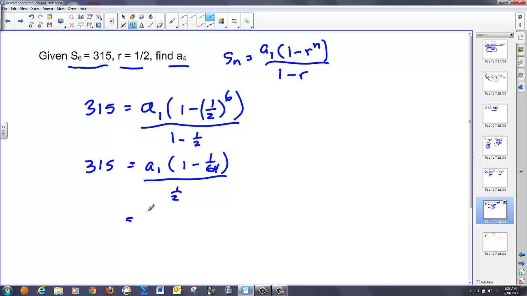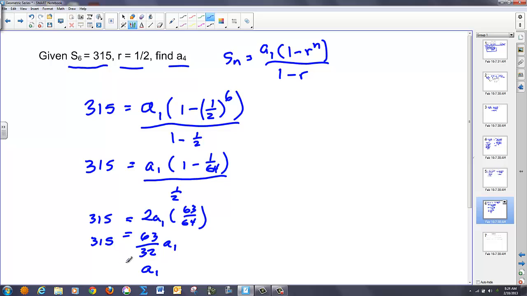Let's call this 2a sub 1 times 63 over 64 would equal 315. And I will reduce that a little bit. So this is 63 over 32 a sub 1 is equal to 315.